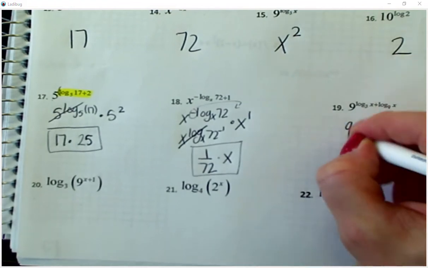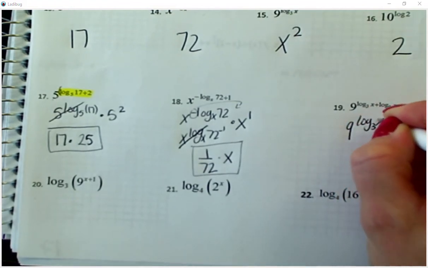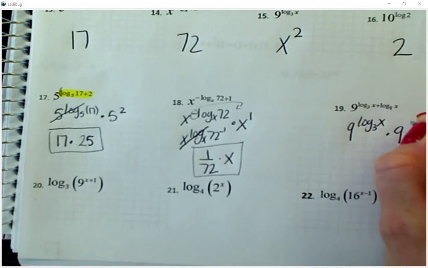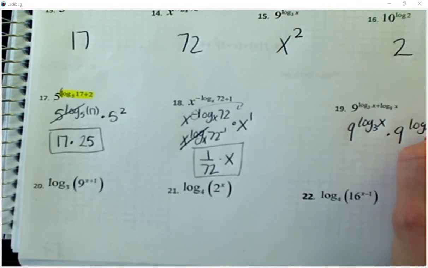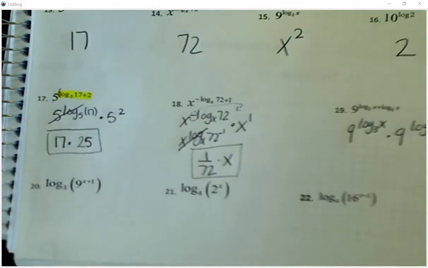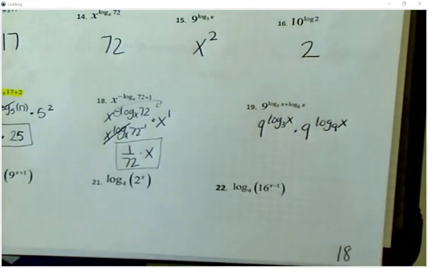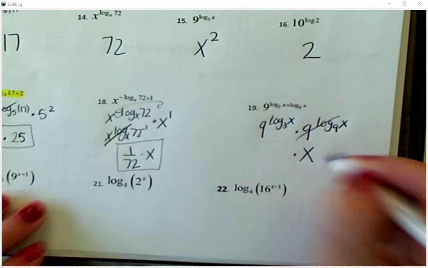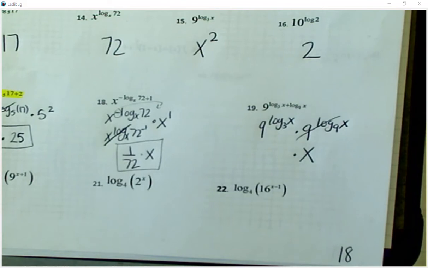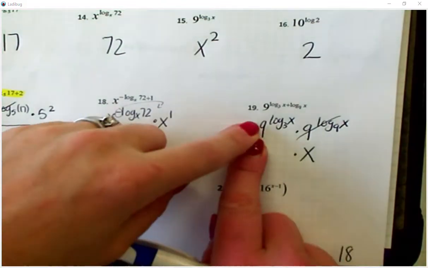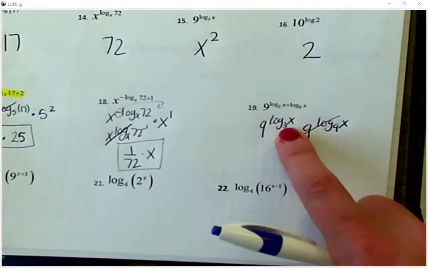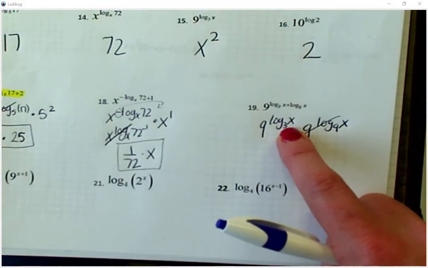Number 19. Well, I'm going to separate the exponents because they have different bases. And the second one, you're like, yeah, that one's pretty quick, I got it. X. But 9, log base 3 of x. I can't change the 3, right? The base of the log, you can't change it.